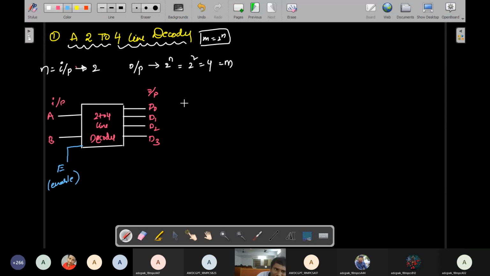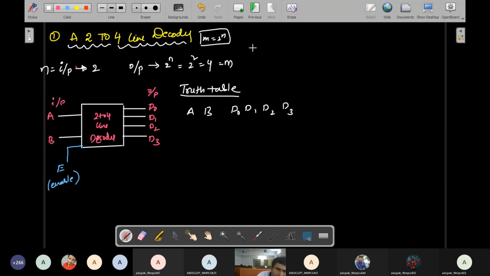Okay, so let me write the truth table here. In the truth table we have two inputs, A and B, and four output terminals, represented as D0, D1, D2, D3.